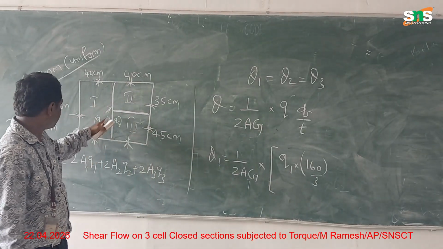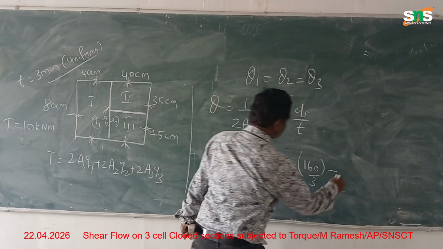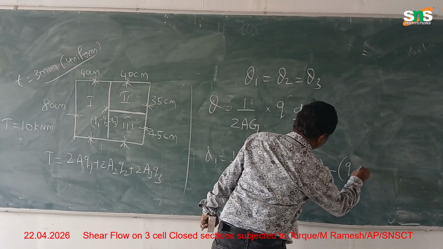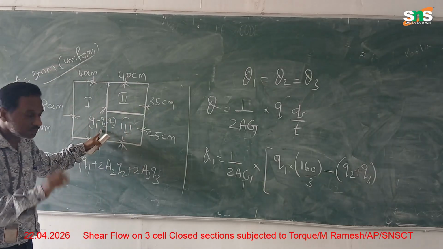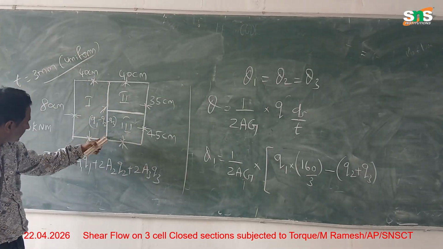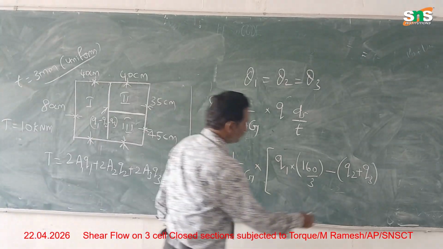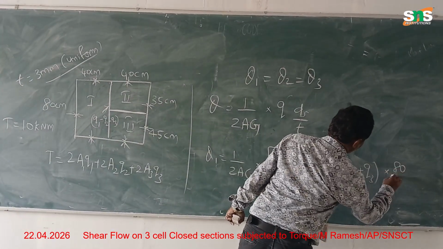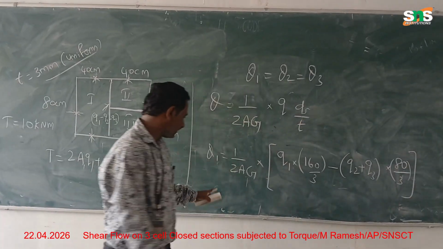Then minus Q2 plus Q3: Q1 minus Q2 minus Q3 into this length, that is 80, divided by t, that is 3 mm. So this is the methodology.